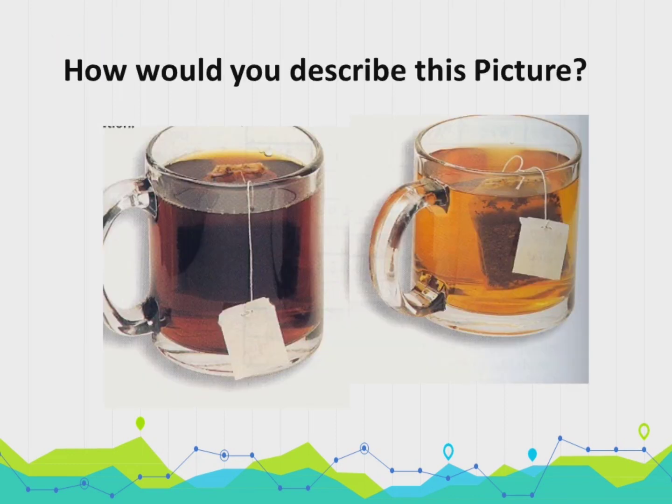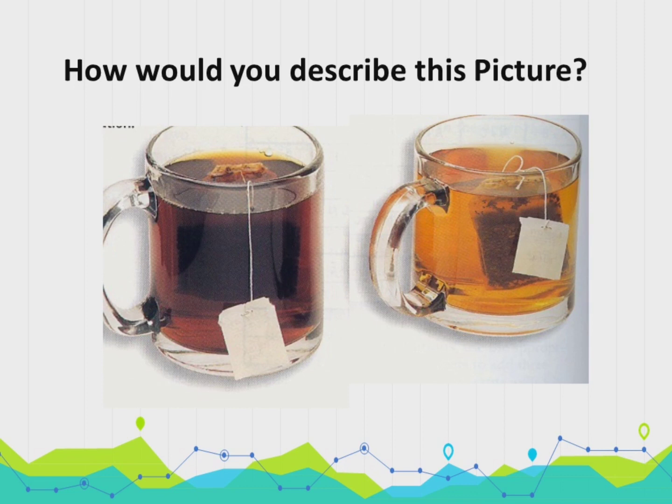Now, how would you describe this picture? Both cups of tea have the same solution of water and tea. Is one cup of tea stronger than the other? Or you may say one is darker and the other is lighter. So what made this difference? Obviously your answer is the amount of tea.